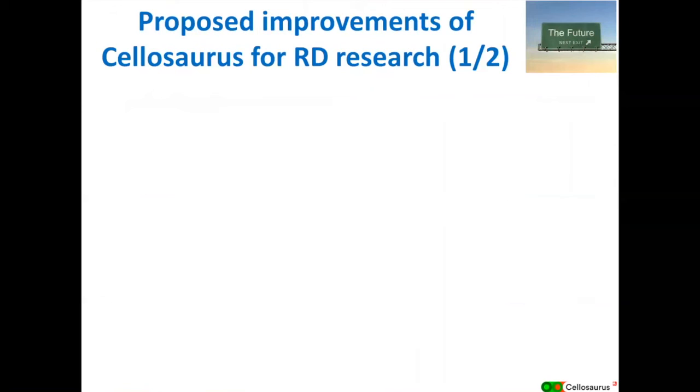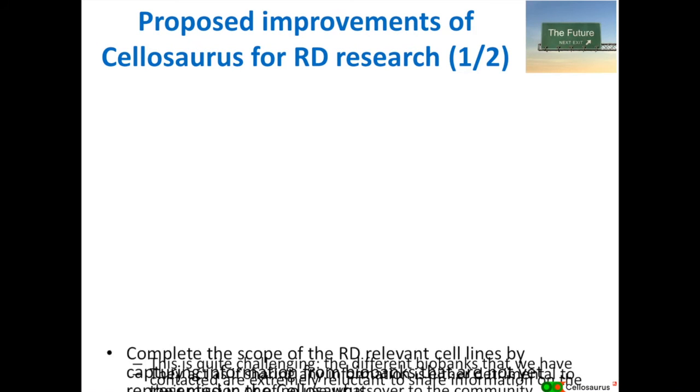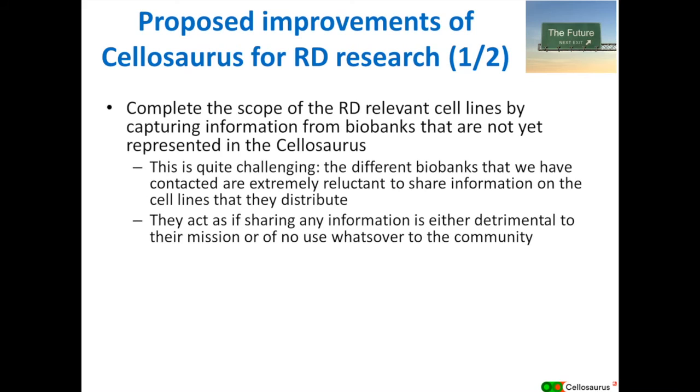So here I go back to what we would like to add in Cellosaurus, which could be useful for RD, rare disease research. One of the things we would like to do is to complete the scope of our cell lines by capturing information for biobanks that are not yet represented in Cellosaurus.